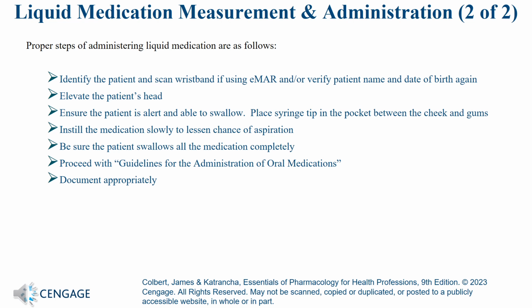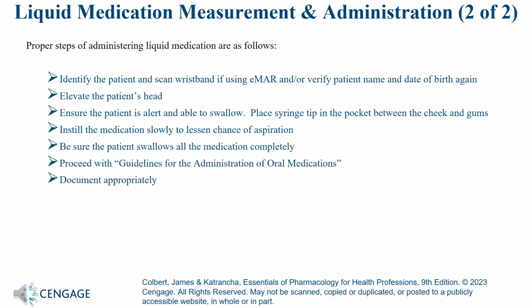Alright, so the proper steps for administering liquid medications. We want to identify our patient and scan the wristband if we're using an EMR, or we want to verify our patient's name and the date of birth. Again, we want to make sure their head is elevated and that the patient is alert and can swallow. If they can, we place the syringe tip in the pocket between the cheek and the gums.